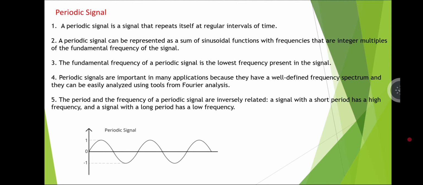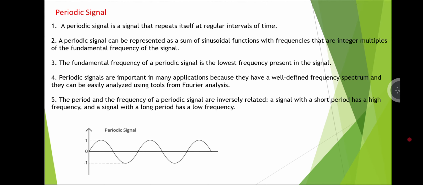A periodic signal is a signal that repeats itself at regular intervals of time. A periodic signal can be represented as the sum of sinusoidal functions with frequencies that are integral multiples of the fundamental frequency of the signal.